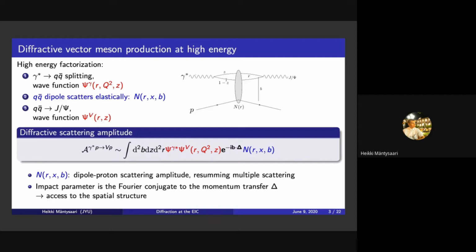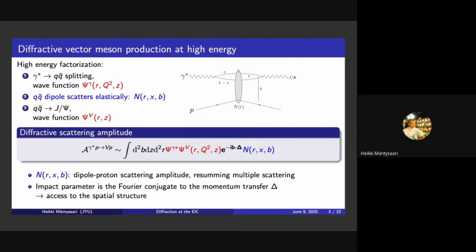Then this dipole interacts with the target. The quarks propagate through the color field, and as I mentioned at the beginning, they multiple scatter. At high energies, the transverse coordinates are fixed because if you are moving with a very large longitudinal momentum, then during the interaction you basically have no time to change the transverse coordinate.